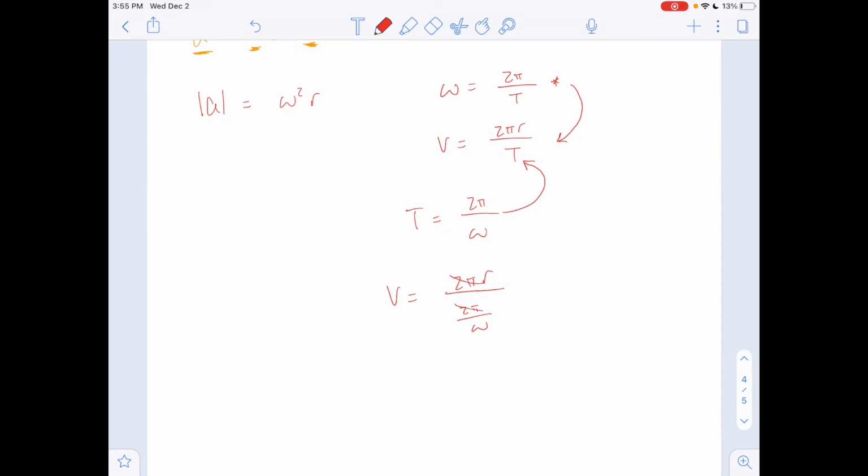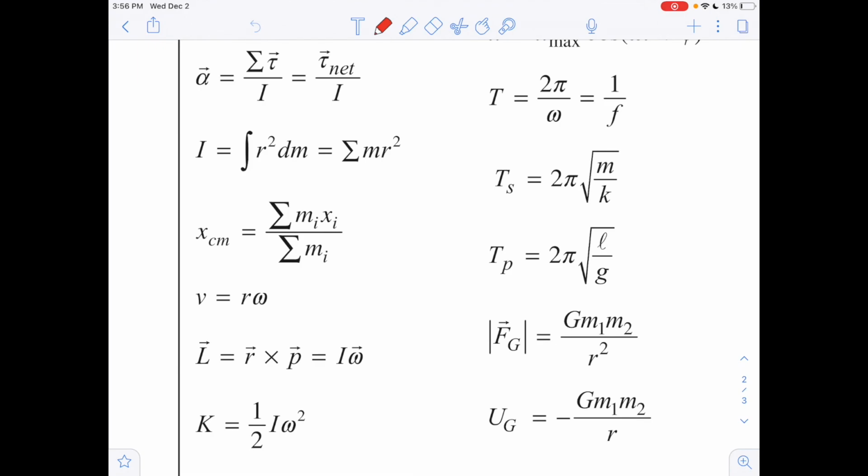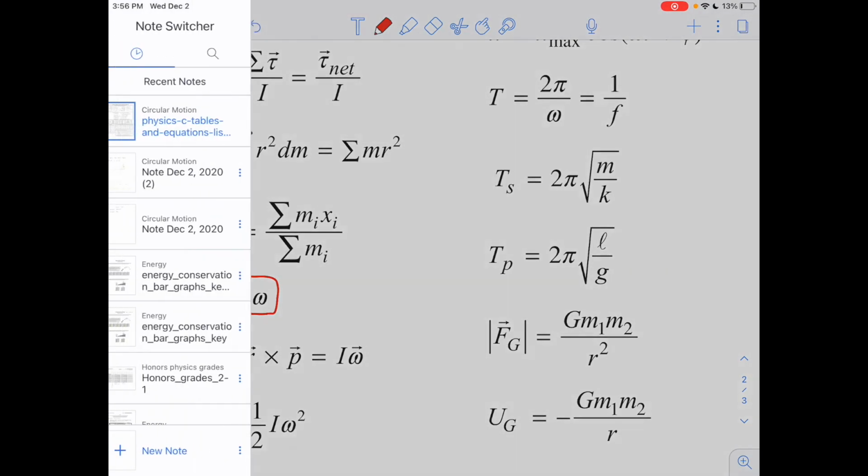The 2 pi's cancel out, and we can bring this to the numerator and write it as omega r. So here's another relationship. Velocity is equal to the angular frequency, or sometimes called angular velocity, times the radius r. And this is on our equation sheet, and you can see that's one of the equations that they give you. Velocity is equal to r times omega.